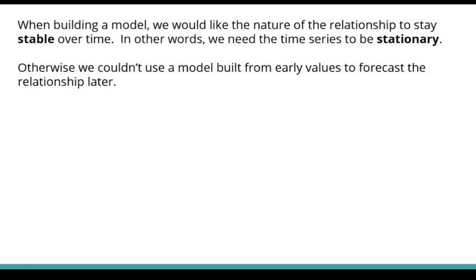We would like the nature of the relationship to stay stable over time, because staying stable means there is no upward or downward increase. Of course, we want stability. If that occurs, then we say that a time series is stationary. Otherwise, we couldn't use a model built from early values to forecast relationships later.